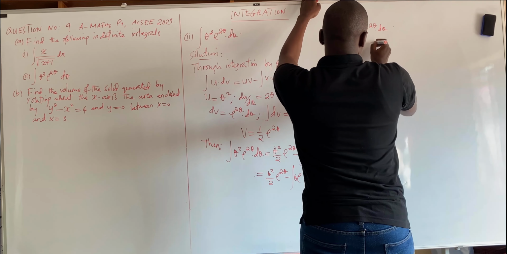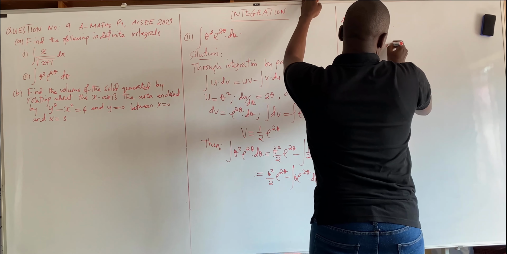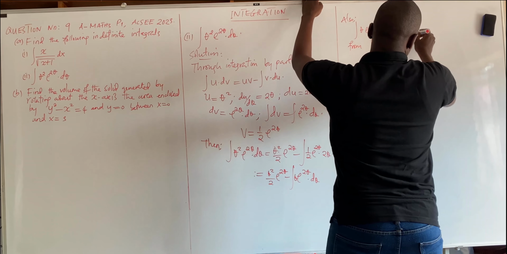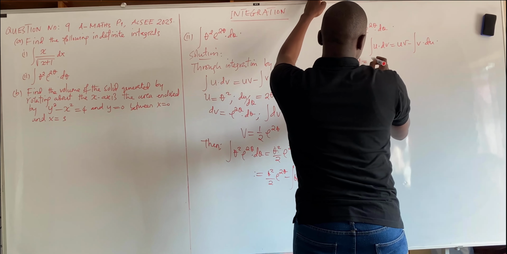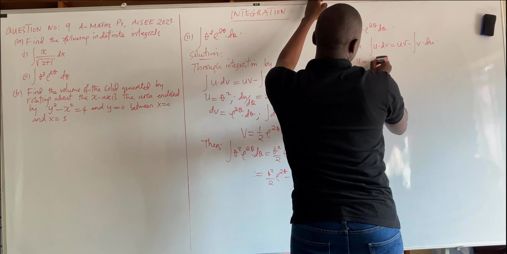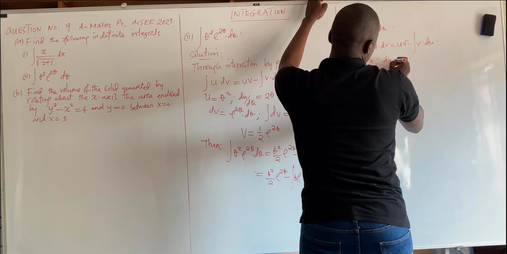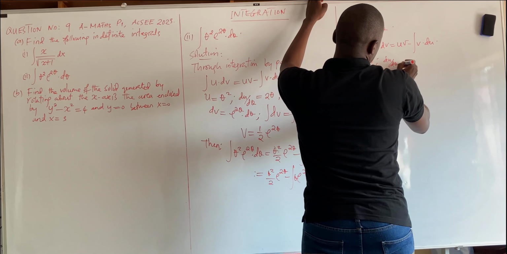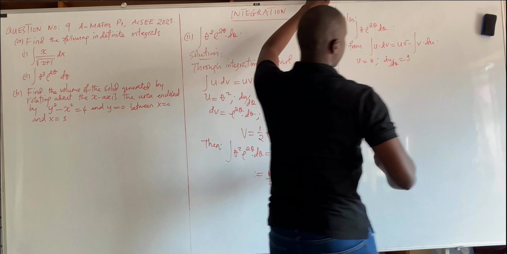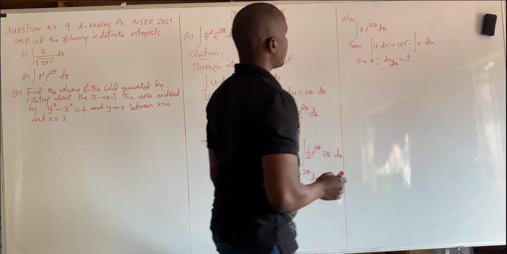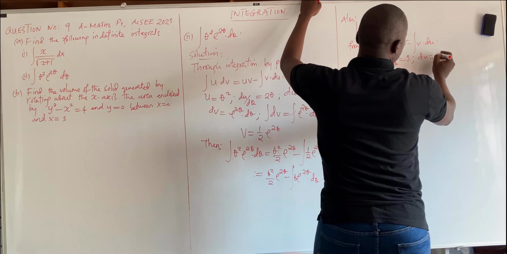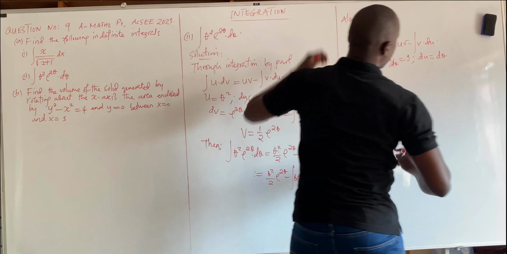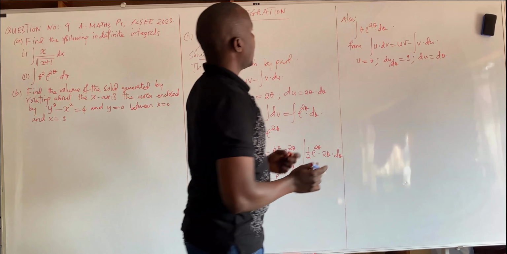So from integration by parts, u dv equals to uv minus integral of v du. So we can say again u equals to theta, then now du d theta equals to 1. Or we can just say now du, if you multiply both sides by d theta, you get now du equals to d theta.